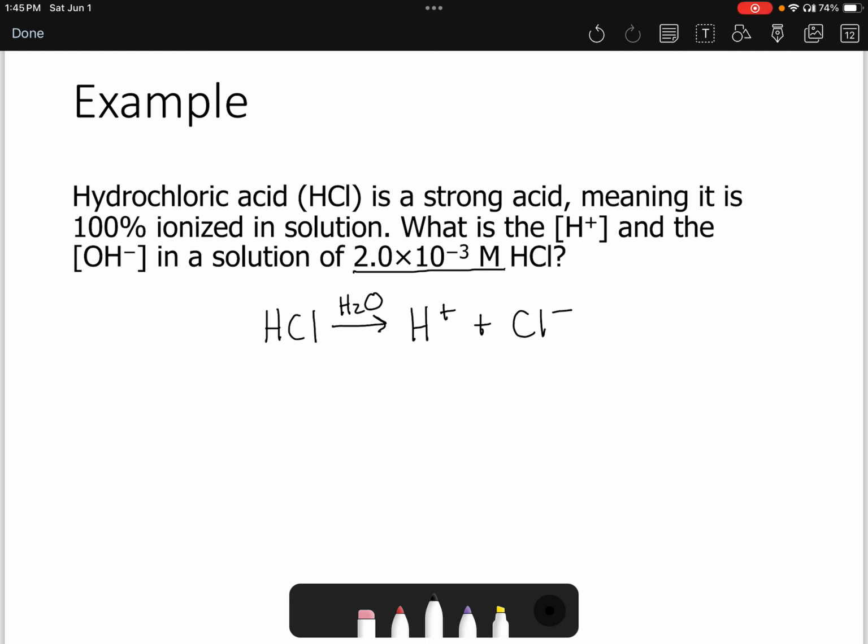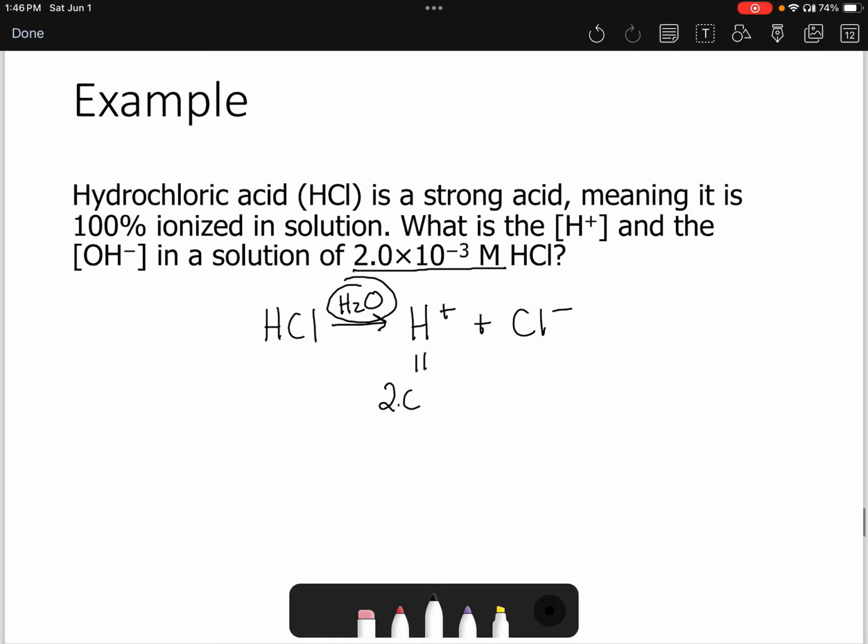Okay, so it doesn't look like we have hydroxide ions the way that we wrote this, right? But remember, water is present in solution. So let's see. If HCl completely ionizes in solution, that probably means that the H+ concentration is equal to the concentration of HCl.